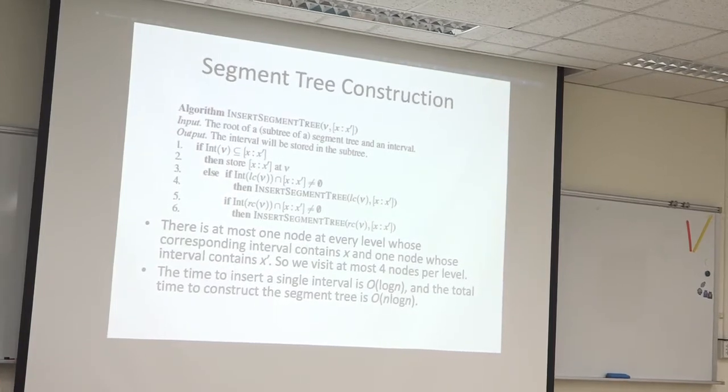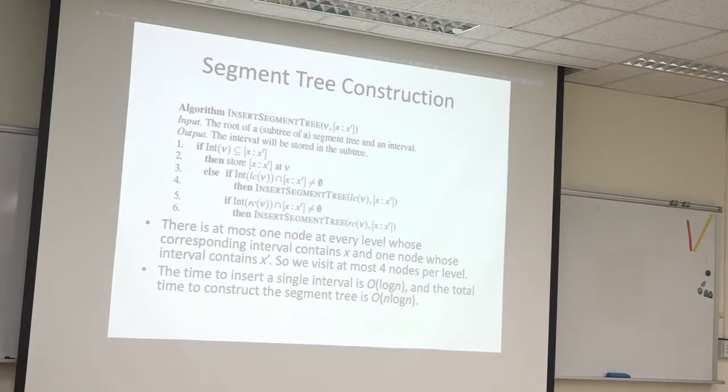You first create this tree structure, and from the bottom to the top you create the corresponding interval for each node, starting from the leaf node to the parent, to the parent's parent, and so on until the root. The time to do this is again linear, because you have a linear number of internal nodes.